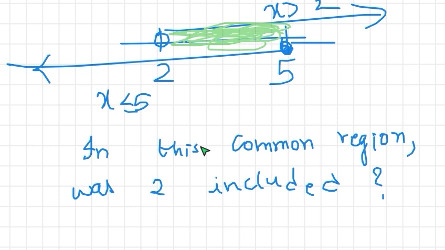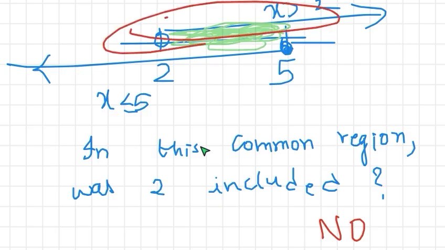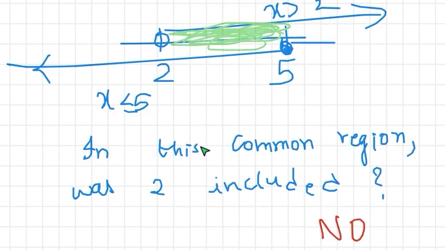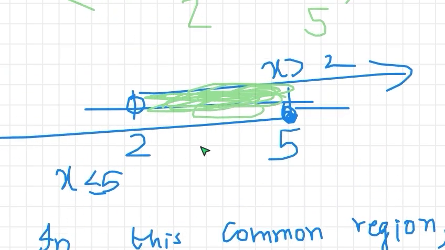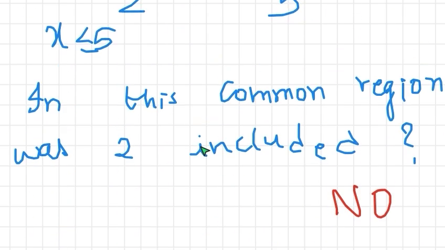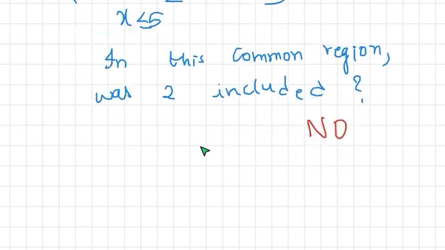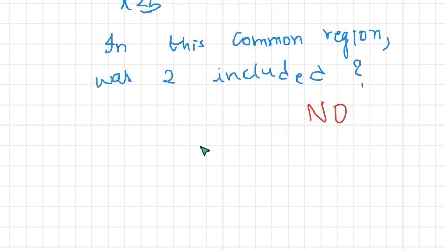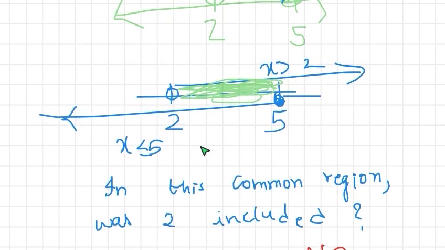No, because you have to exclude 2. 2 is not available in x greater than 2. So when you are taking the common region between this one and this one, there was no 2. Okay, so that is about that.